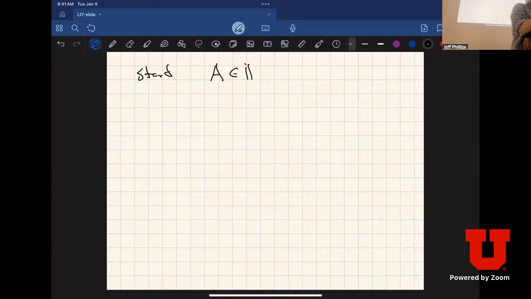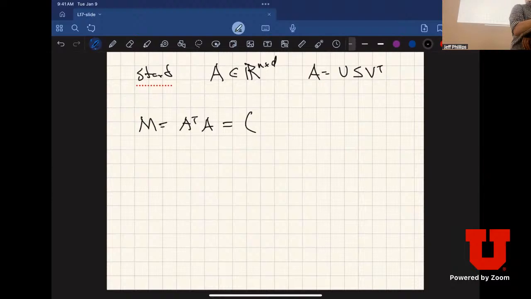A is in N by D, and we're going to do a singular value decomposition. So we're going to get A equals U S V transpose. And now I'm going to write my M as A transpose A, which is going to be equal to V S transpose U transpose U S V transpose.